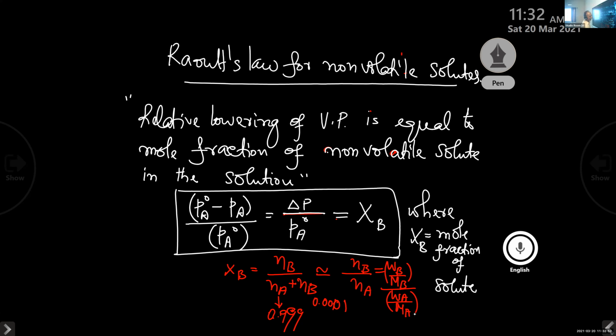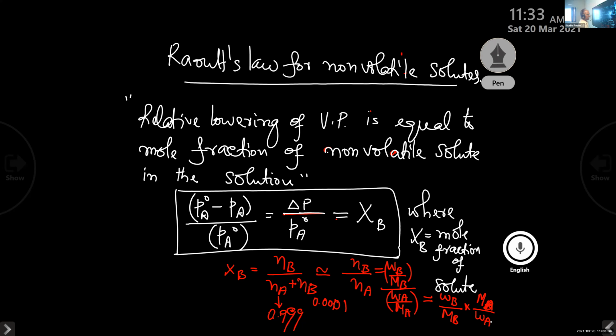You rearrange this. When you rearrange this, what will happen? We'll get Wb by Mb into Ma by Wa, where A stands for solvent and B stands for solute.